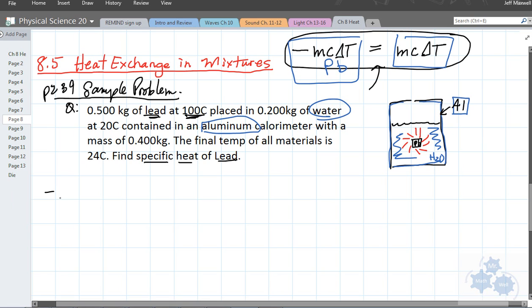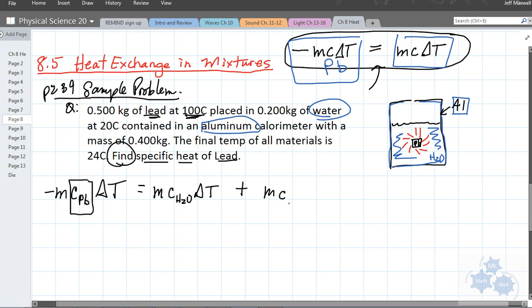What's losing heat is a certain mass of lead, times the specific heat of lead, which is what we are trying to find, times a certain temperature change. And what's going to pick up that energy is water plus aluminum. The energy that's picked up is expressed as mass times specific heat times change in temperature. So that's what we've got.